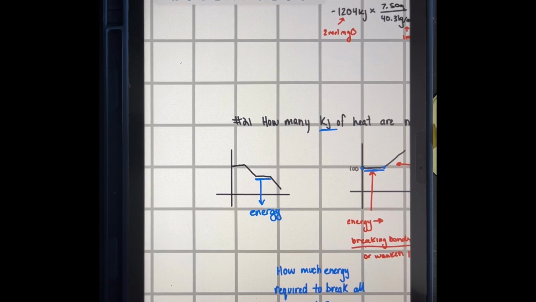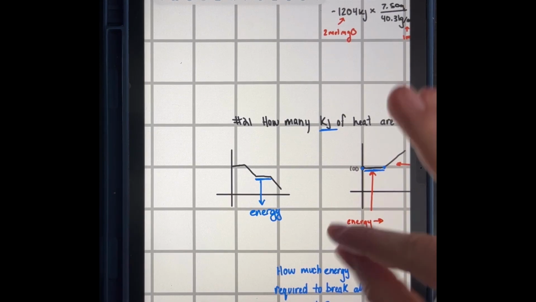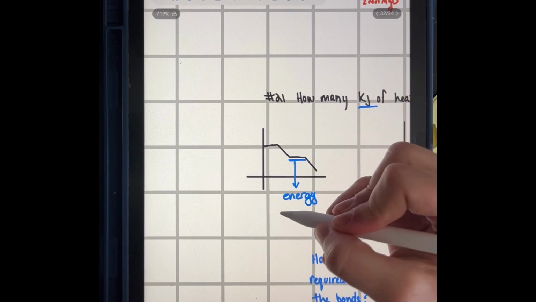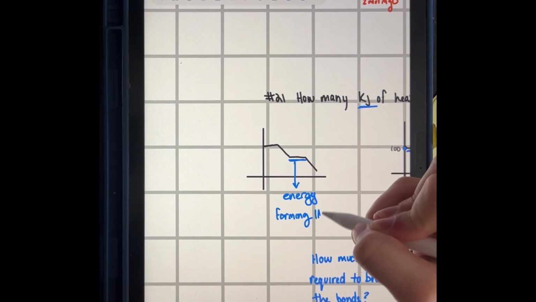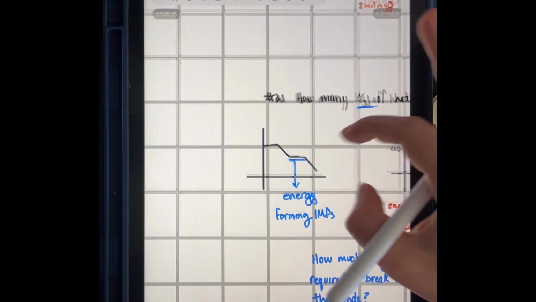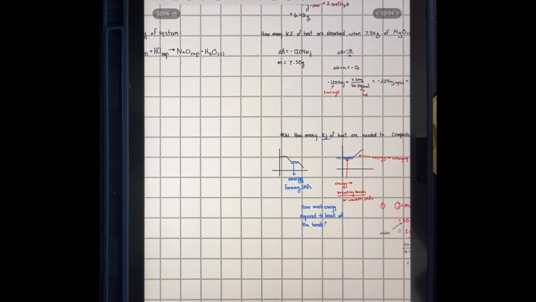So the rising parts are changes in temperature, so increasing kinetic energy. Okay, I see. So it is these forming IMFs. Okay. So these are breaking, forming intermolecular forces.